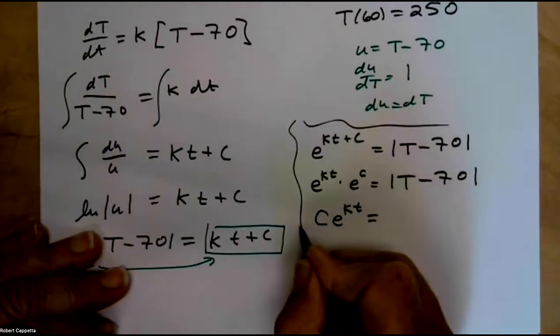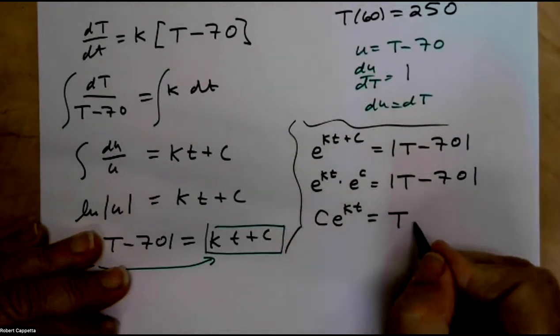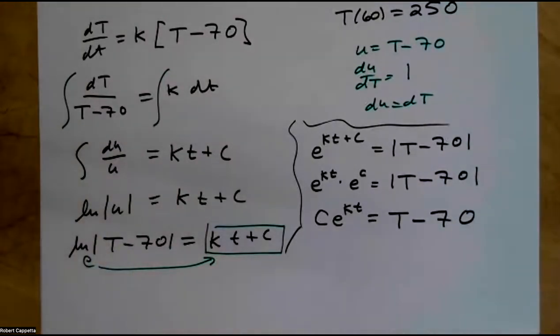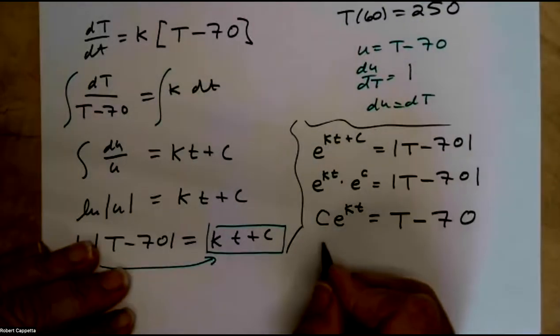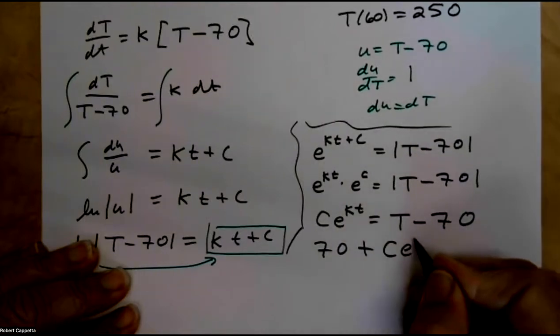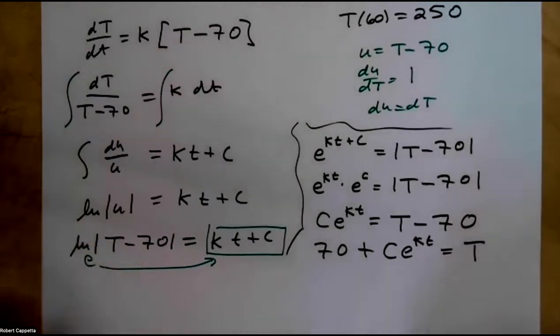But recognizing if C is truly arbitrary, it could be positive or negative. That requires me to relax the absolute values. So then we'll say T minus 70 is C e to the kt. So adding the 70 to the left side, we get 70 plus C e to the kt equals big T.